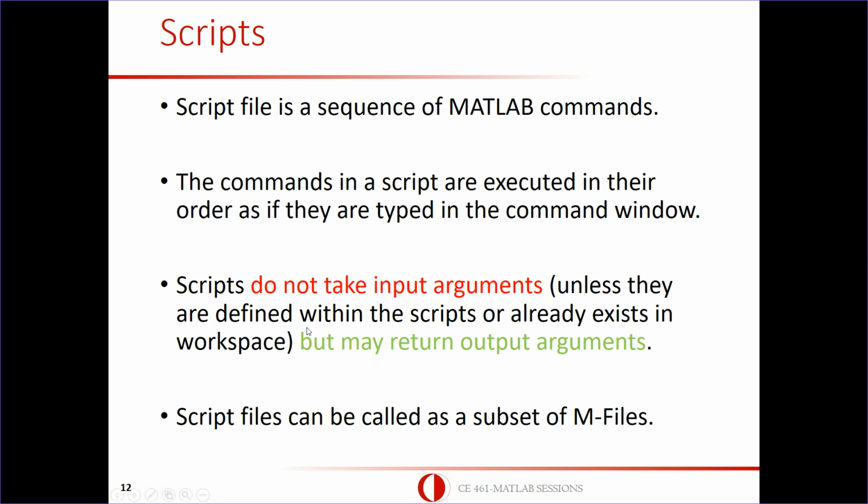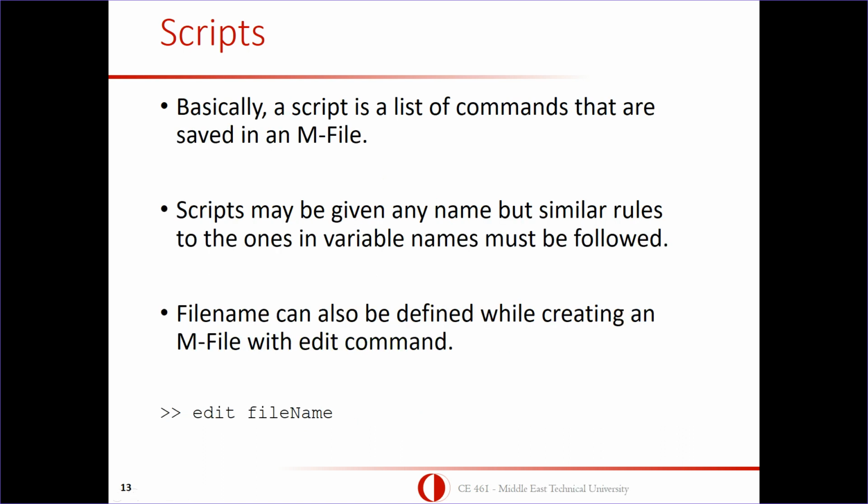In this case, our returned output was X. Script files can be called a subset of M files. You can think of the script as a list of commands which we were already typing in the editor or in the command window. We are actually saving them in a specific file to run them sequentially. That is what it is.